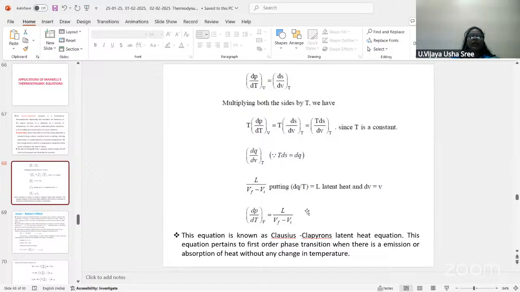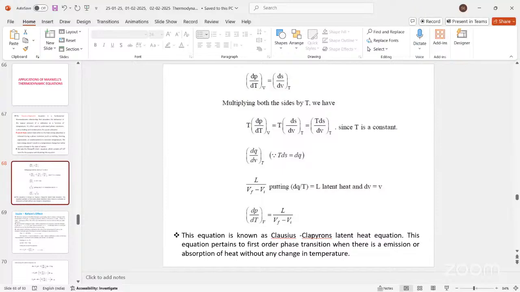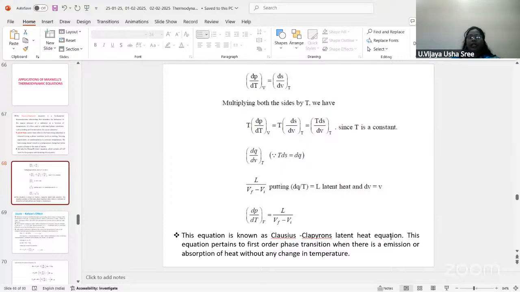This is what is called the Clausius-Clapeyron latent heat equation. This equation pertains to first order phase transitions.